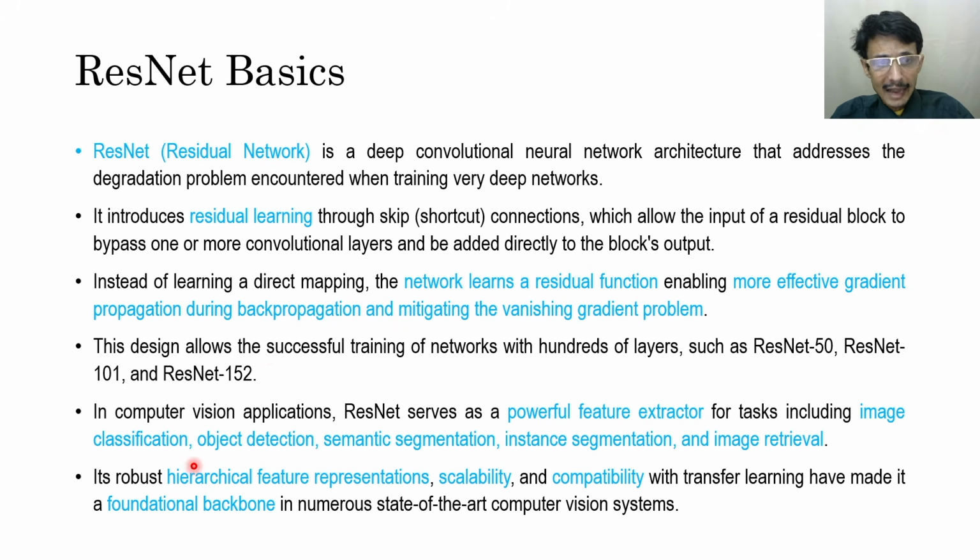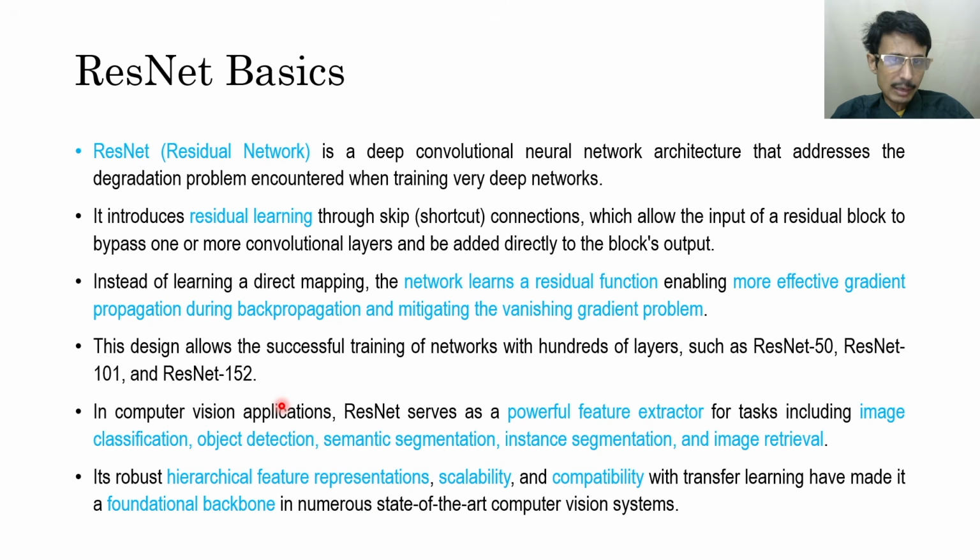Now what it actually helps with: since it's a very deep network, hierarchical feature representation is very robust there. It is very scalable. You can understand this 50, 101, 152, and compatibility with transfer learning have made it a foundational backbone of numerous state-of-the-art computation systems.